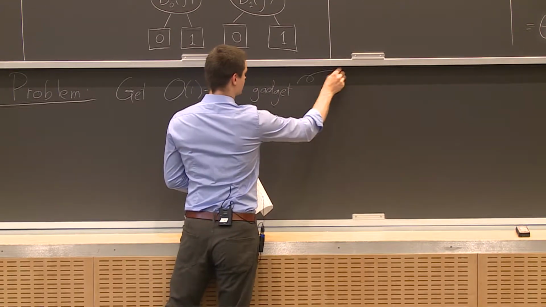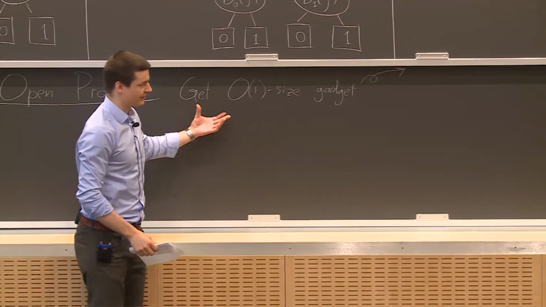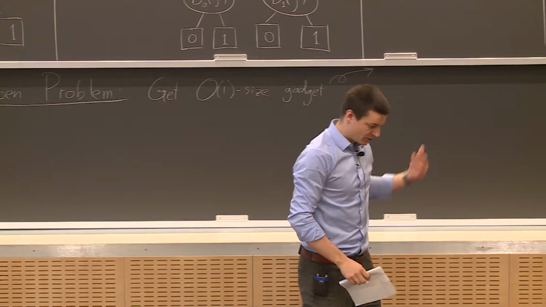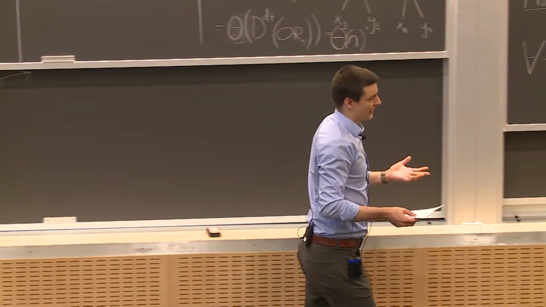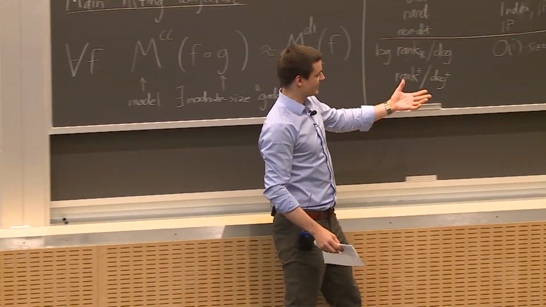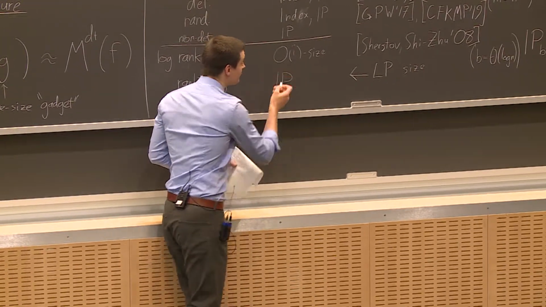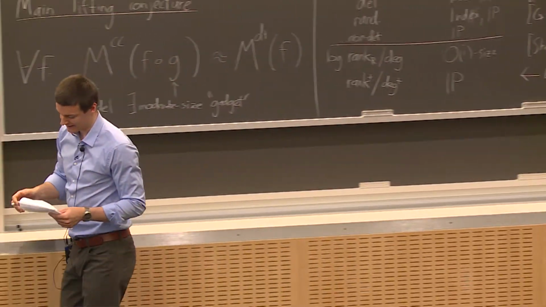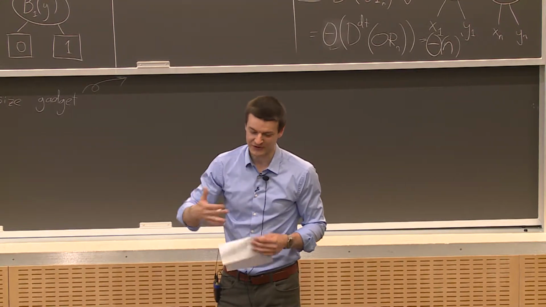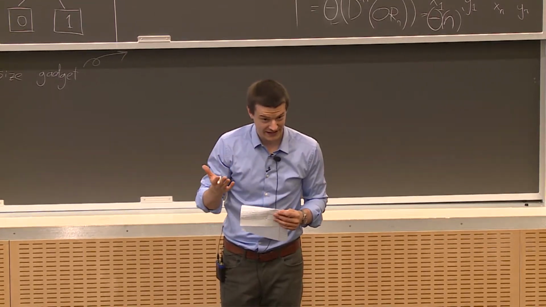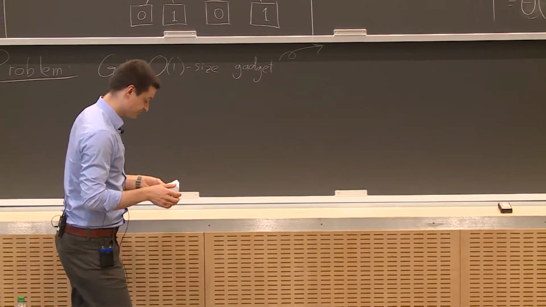So it's a pointer to this table. It's not really just a single question. You can ask this for any model that has been considered. And there are no formal implications that if you get a constant size gadget in one case, you would get such a thing in another. But you'd hope that the techniques would generalize. And so this is, I call it the biggest open problem. It's the most important because it would have so many implications. So I want to list some of them.